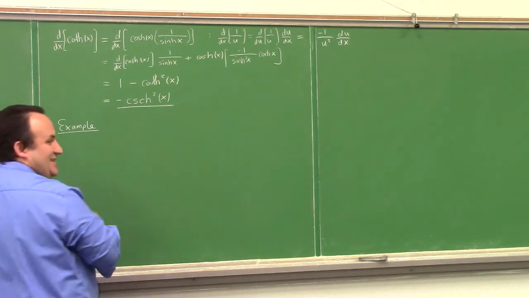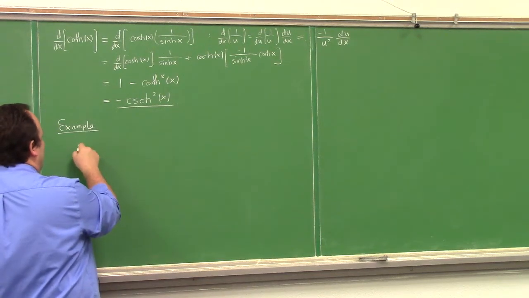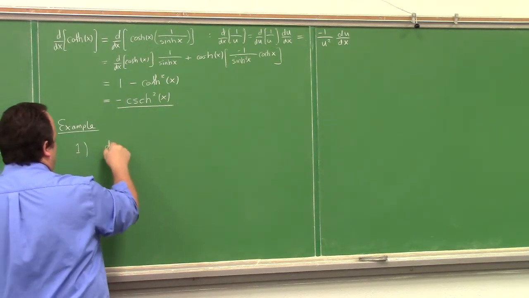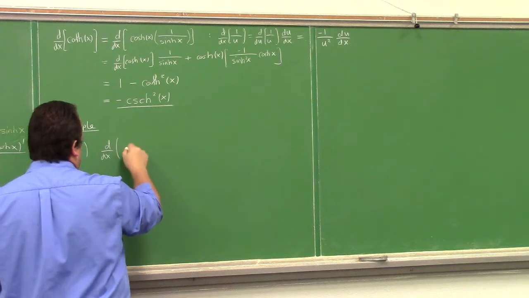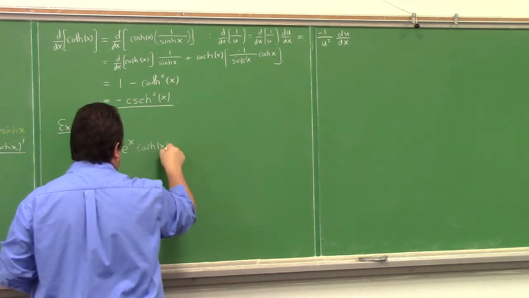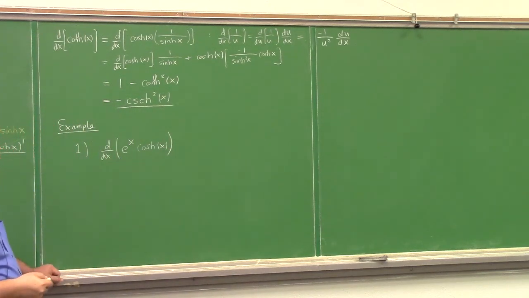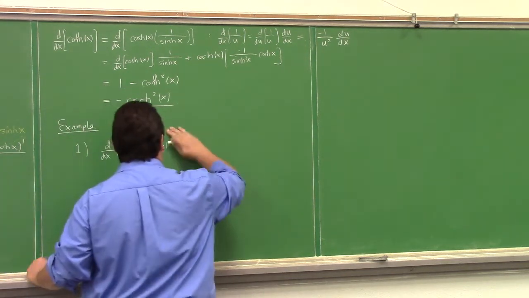So let me show you a couple of examples on this theme. Differentiate e to the x cosh x. Now let me make it a little bit worse.